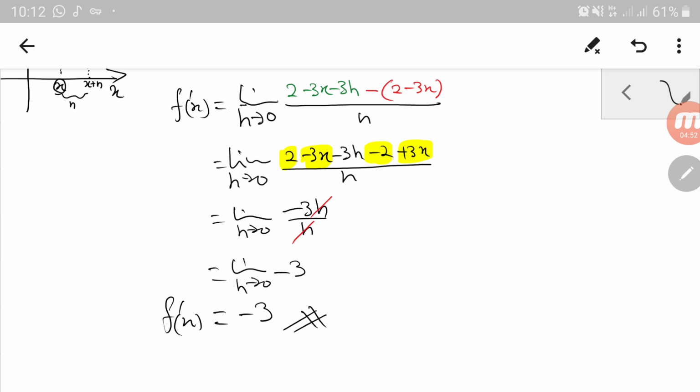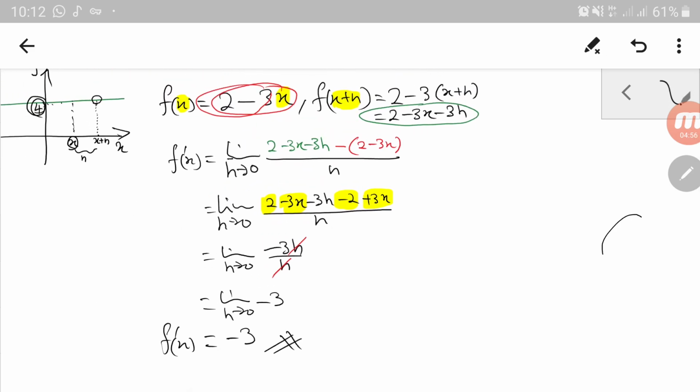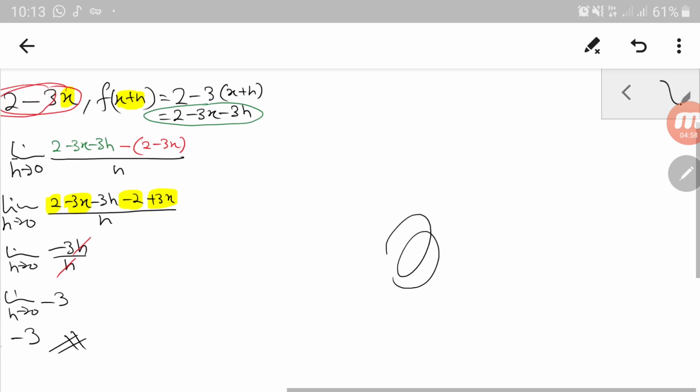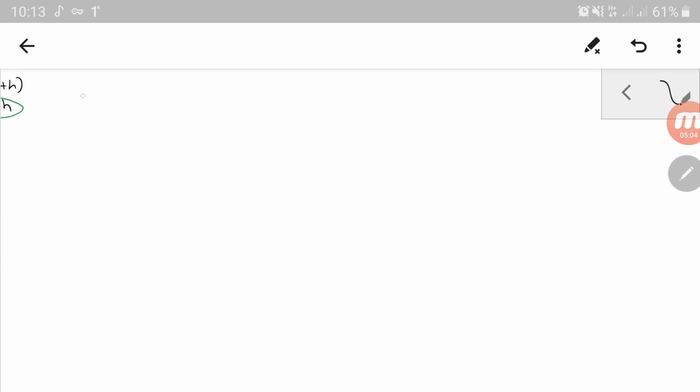So that's the first derivative for a linear function. Let's proceed. Maybe we try a quadratic. So f(x) equals x squared plus 3 maybe. Let's get the f(x plus h).